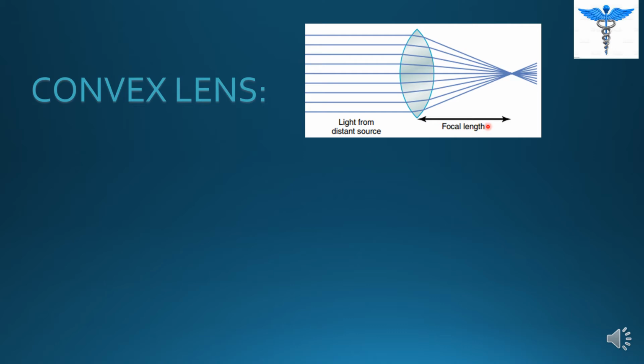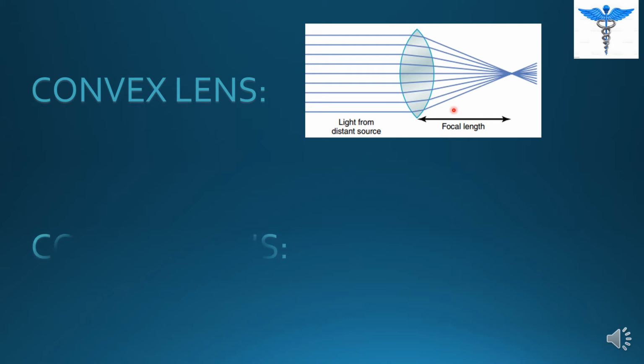Now the greater the focal length, the lesser will be the diopter. We discussed the greater converging power. If this convex lens has greater converging power, it means there will be high refractive power, so the focal point will be nearer to the lens, right? So the focal length will ultimately be lesser.